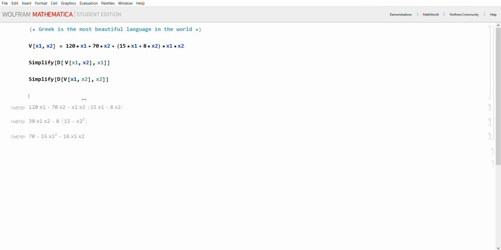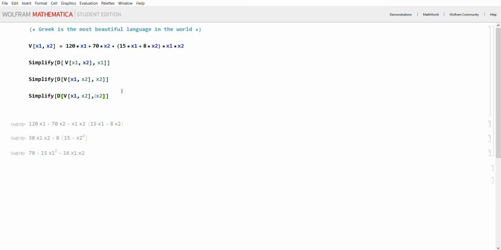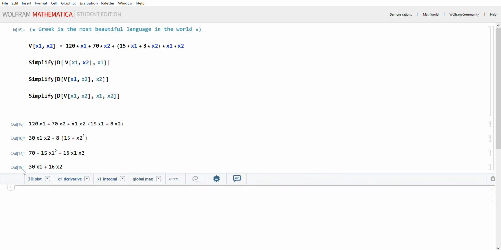Now let's say you want to take the derivative of both. You do the same thing: Control C to copy, paste, and now just add x1. Then Shift Enter. There you go: 30x1 plus 16x2 dx1 plus 16x2 dx2.